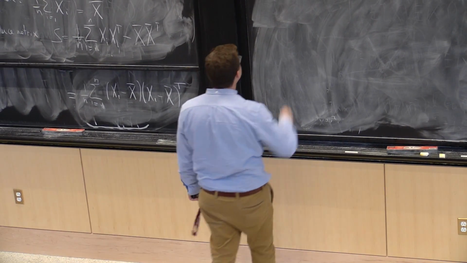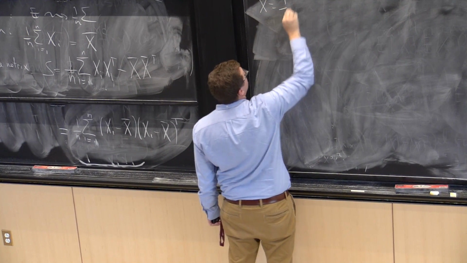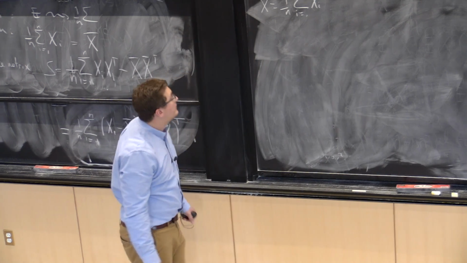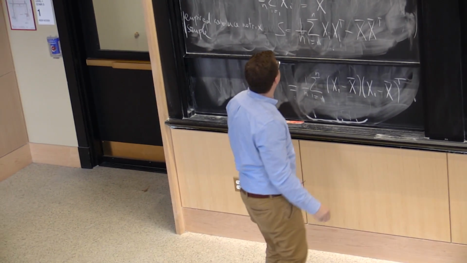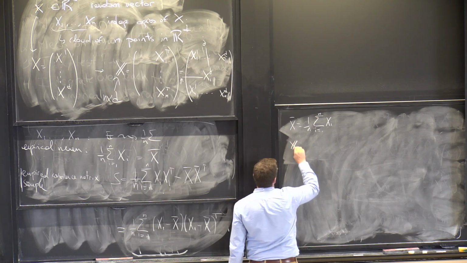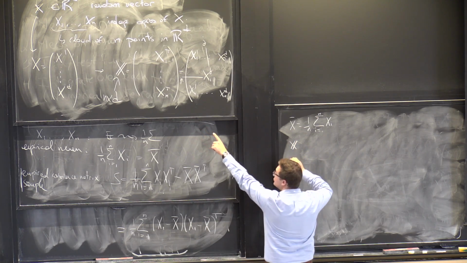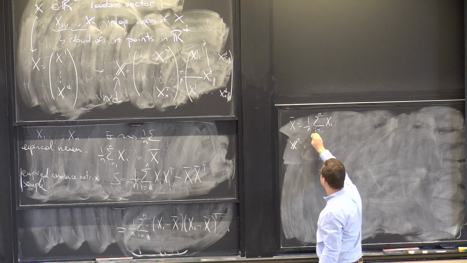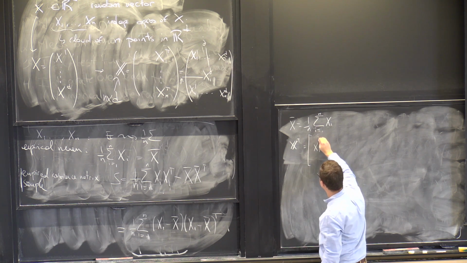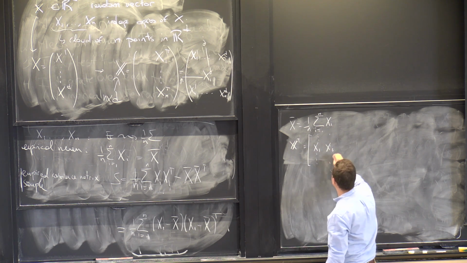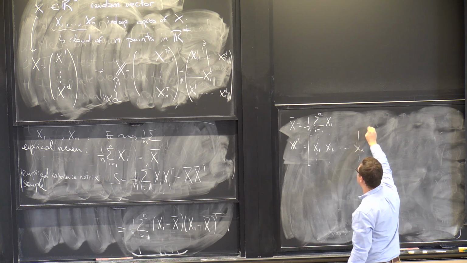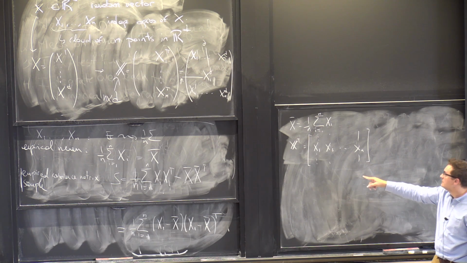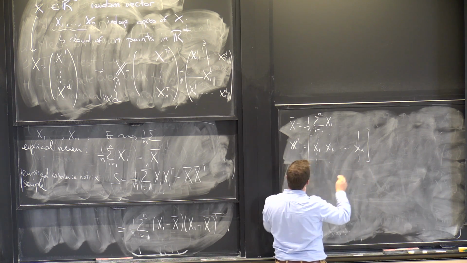Okay, x bar. We just said it's 1 over n sum from i equal 1 to n of xi, right? Now remember, what does this matrix look like? If I look at x transpose, the columns become x1, my first observation, x2, my second observation, all the way to xn, my last observation, right? Agreed? That's what x transpose is. So if I want to sum those guys, I can multiply by the all ones vector.